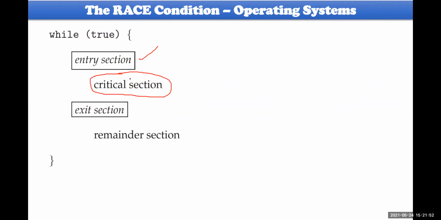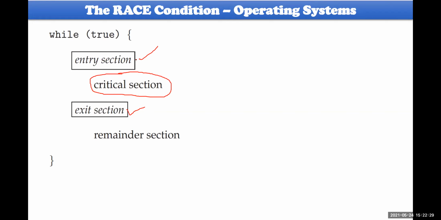The entry section in the sense that the process must reserve, or take permission from the operating system: I am going to execute the critical section, will you please give me permission? If an acknowledgement is released by the operating system, then my process will enter the critical section. If there is no acknowledgement from the operating system to your process, you will never enter the critical section. That is the entry section.